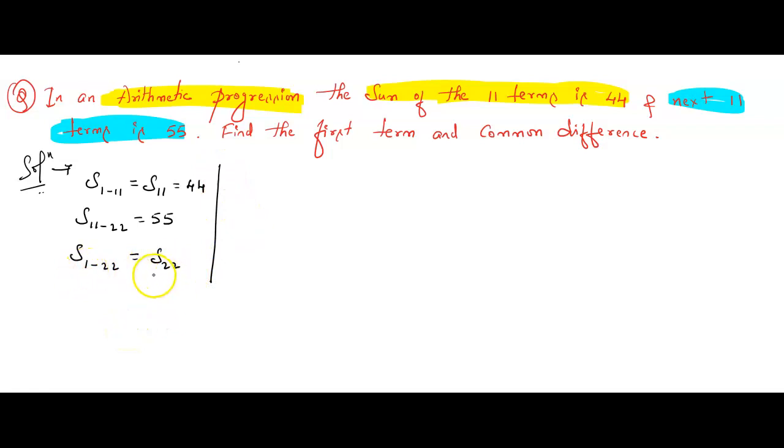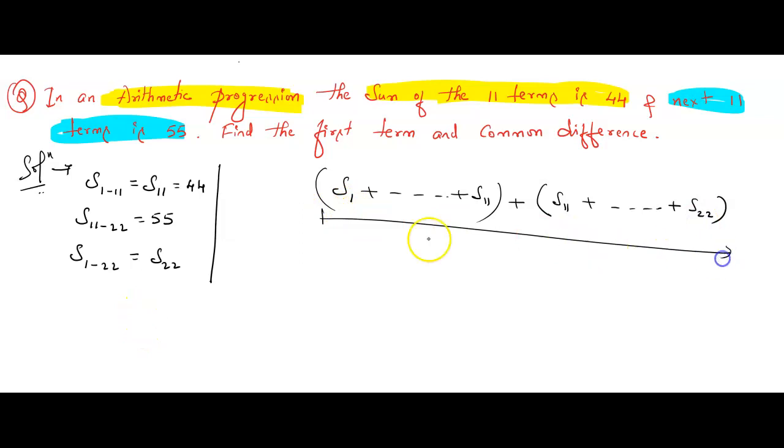What is S22 here? See here, the sum of first term to 11th term is 44, right? Then plus the sum of 11th term to 22nd term is 55. So if we add from here to here, what happens? That is the sum of first term to 22nd term.